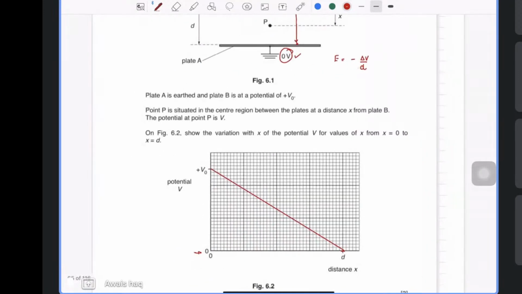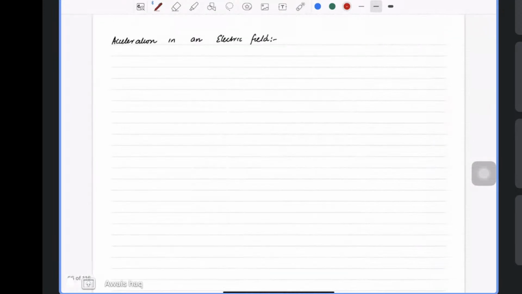Anyway, so then we're going to look at the acceleration in an electric field. It is pretty simple because we've just learned that electric field strength is given by force per unit charge, and we also know force is given by MA. So what we can do is put MA right here.